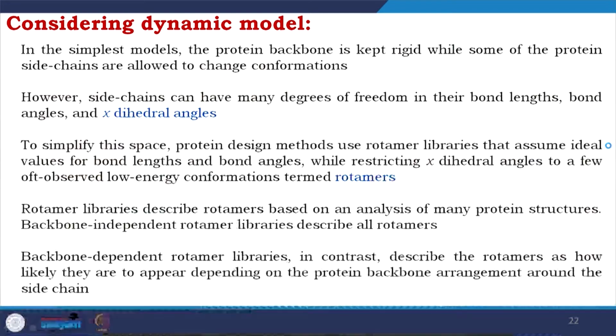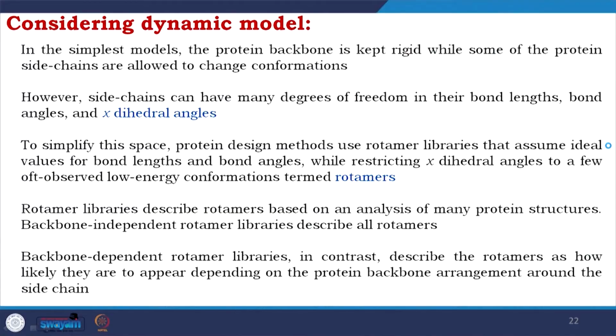So, some of the rotamers which are selected on different criteria are there, and you cannot change beyond that, to make the process simplified. Rotamer libraries describe rotamers based on an analysis of many protein structures.